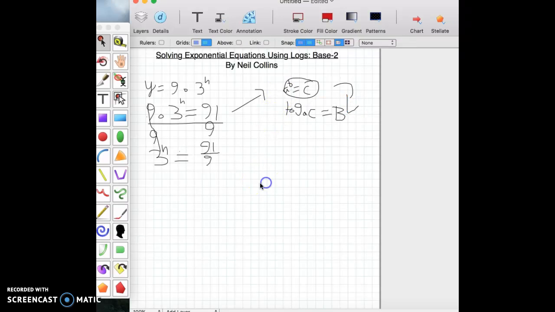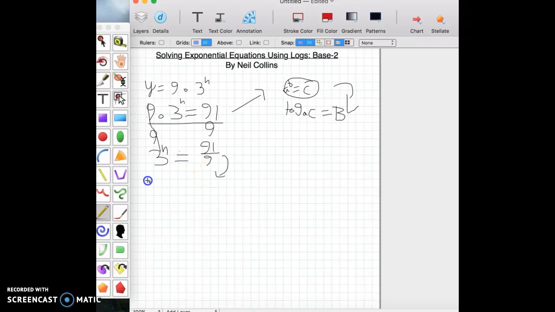As you can see, my a is 3, my b is h, and my c is 91 over 9. We're going to fill in those terms with the log. So let's go ahead and do that. We're going to make this equation into log form.